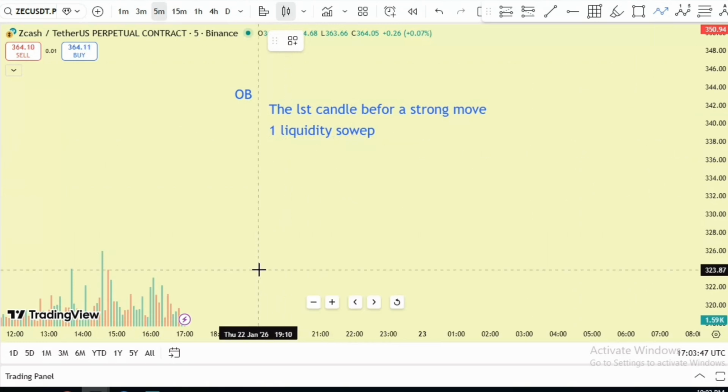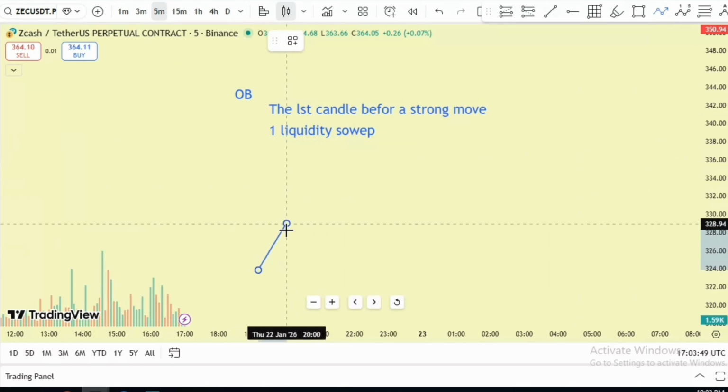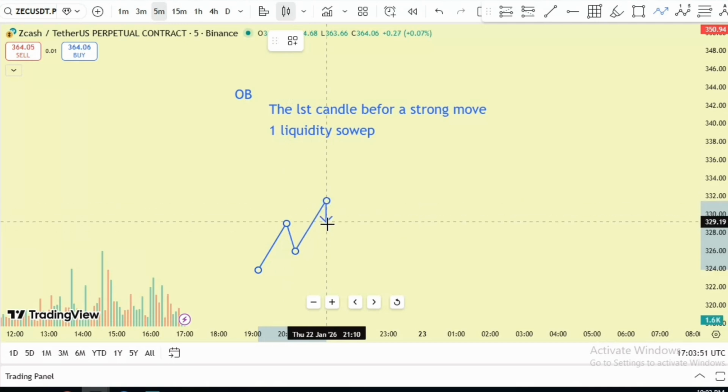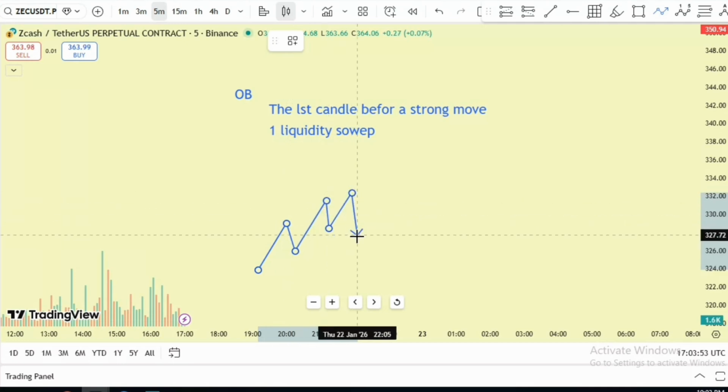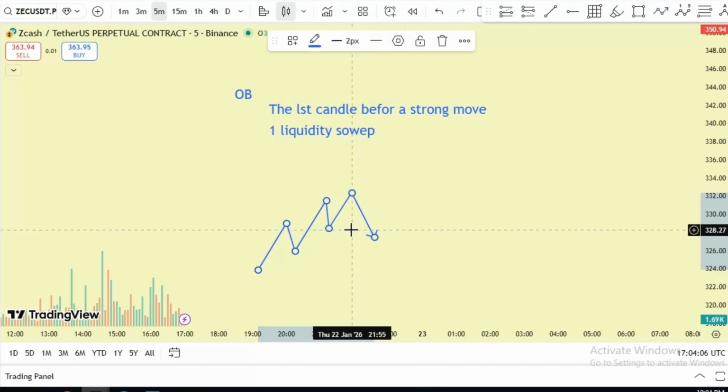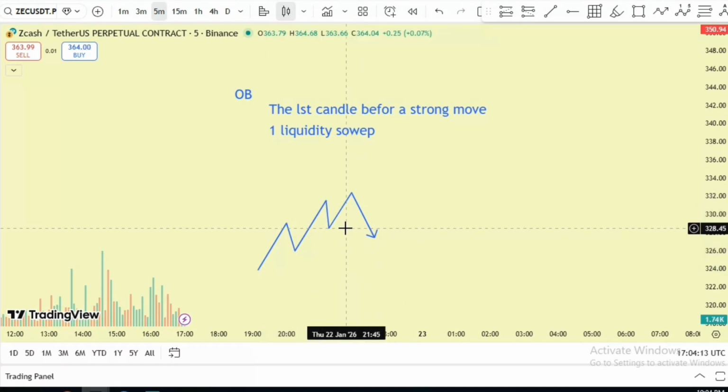For example, when we have a move from here, it is an uptrend. Sometimes we see in the market that it was our last low. Then the market comes here and breaks this low. When the market breaks this low, most new traders think that the market gave us a change of character and wants to change its trend.